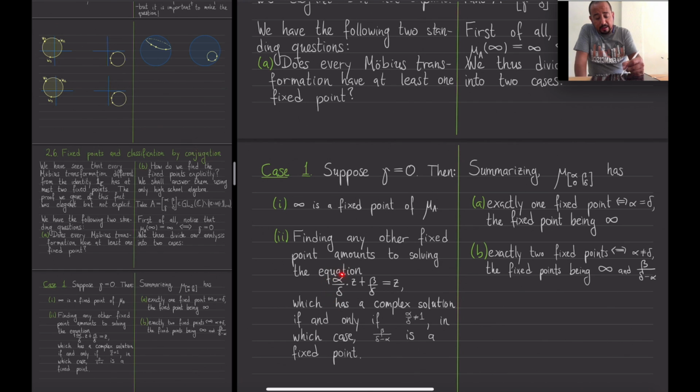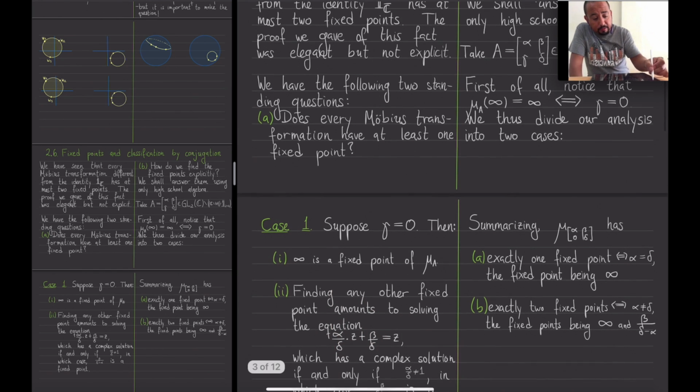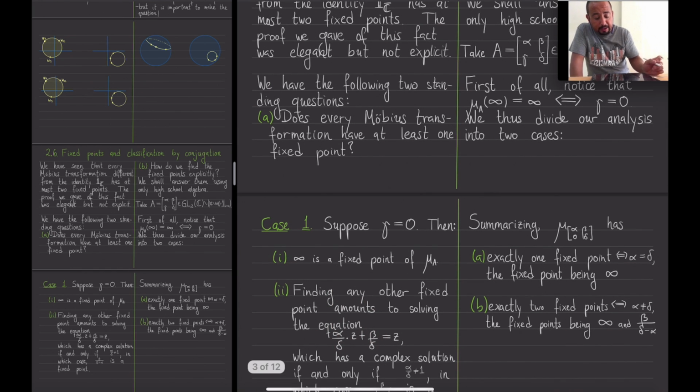Okay, and now here what happens? Well, when this is 1, we cancel, right? And then we obtain no solution, right? Because beta is not 0. If this is 1, that is because alpha is equal to delta, and then beta cannot be 0, because if it were 0, then we would have that a is a multiple of the identity, right?